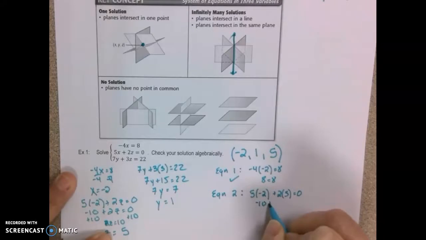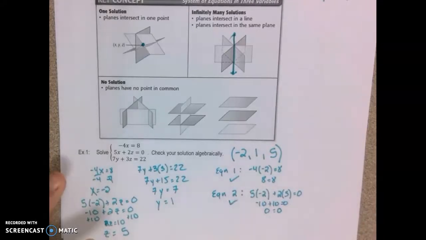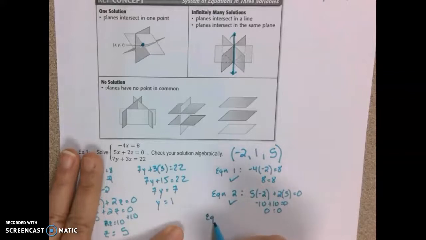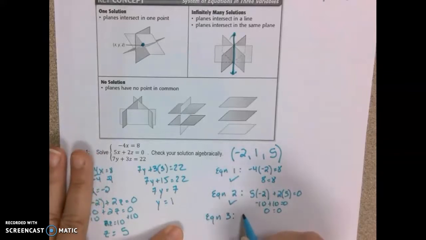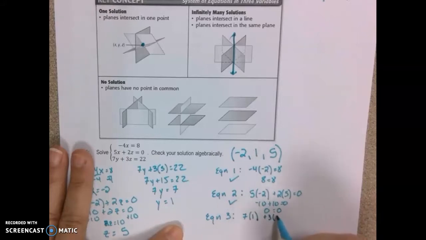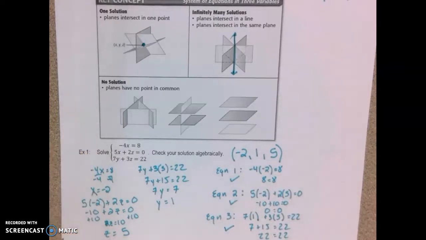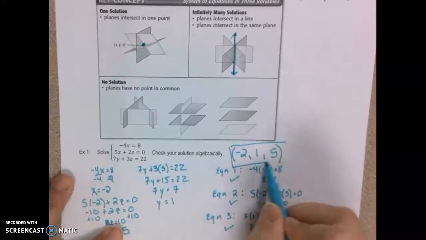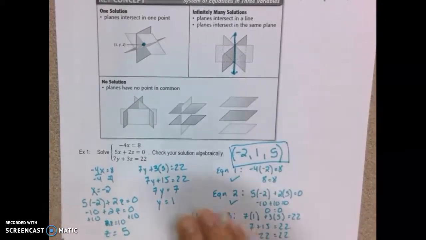We get negative 10 plus 10 equals 0, so it checks. In our third equation, 7 times 1 plus 3 times 5 equals 22. We get 7 plus 15, and 22 does equal 22. So we checked our solution in all 3 equations, and that is our correct answer.